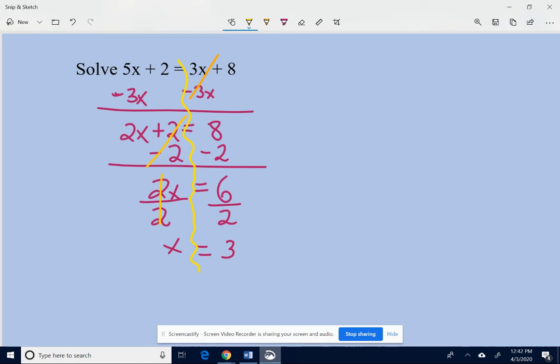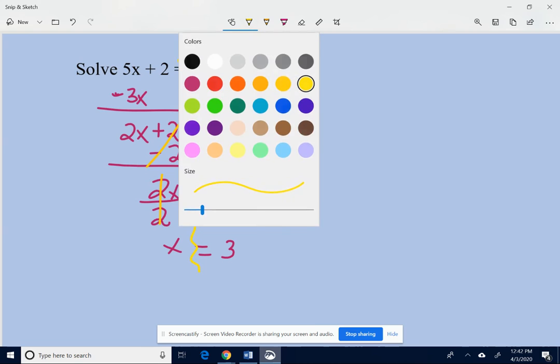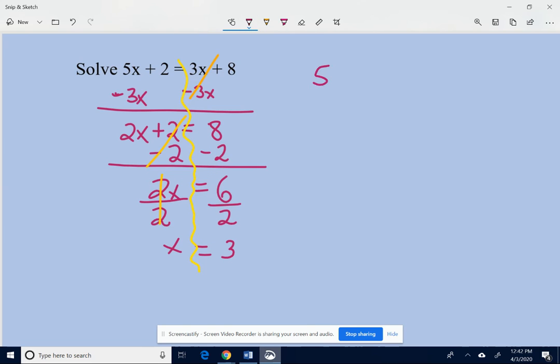But I'm going to show you the other way you could have done this. We had 5x and 3x. I would not do it the way I'm going to show you, but I'm going to show you just in case this happens to you. Let's say you wanted to get rid of the 5x instead of the 3x. It still works. It's going to be a little bit messier, but it still works.